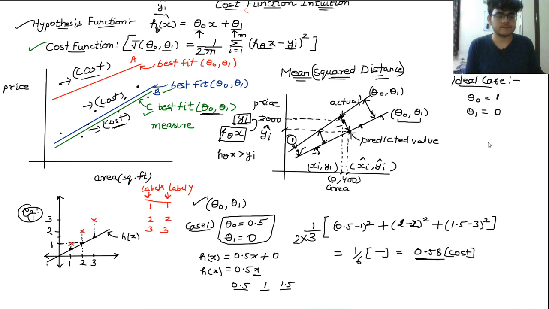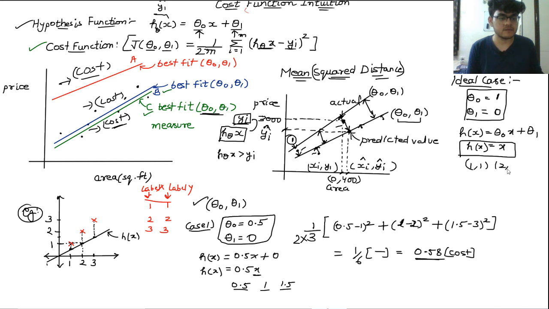So the slope is 1. If I try to draw a graph with these values, I know h of x will be theta 0 of x plus theta 1, which will give me x. So h of x equals x will give me points 1 comma 1, 2 comma 2, 3 comma 3.